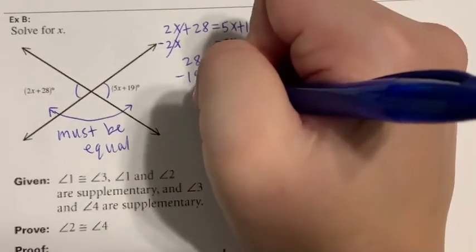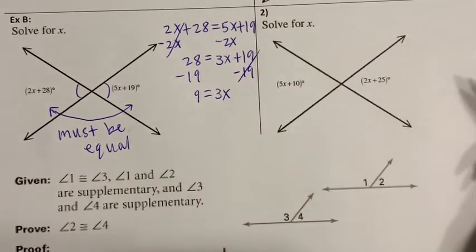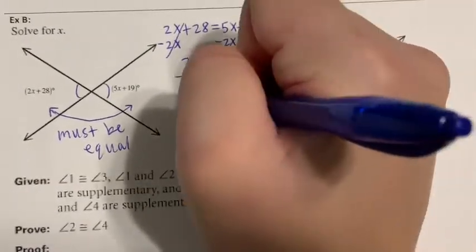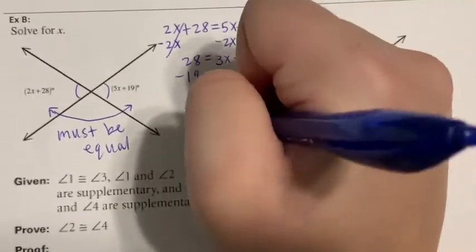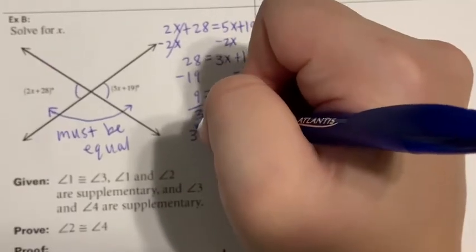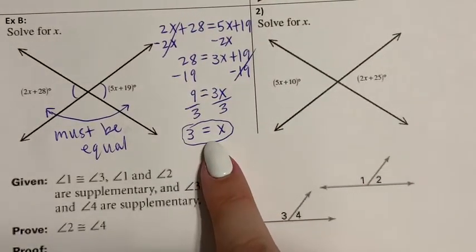And I'm left with 9 equals 3x. My last step to get x by itself would be to divide by 3. And my final answer, 9 divided by 3, gives me 3. So it just wanted me to solve for x. So my final answer here is that x equals 3.